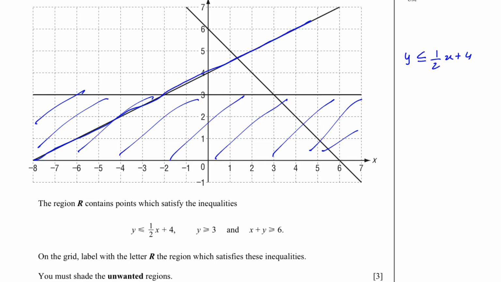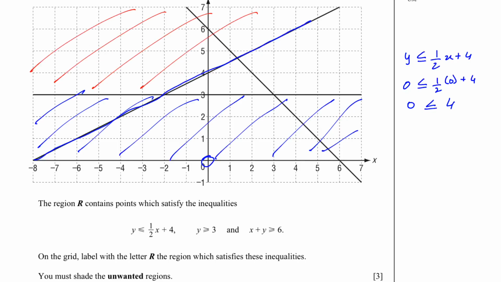I prefer to choose a point where there is 0, 0. It's easier to solve as a test point. So I'm choosing 0, 0 here. In place of y, I will put 0. And in place of x, I will put 0. And I will check my inequality. 0 is less than 4. So this part here is my wanted. My unwanted is the top part. So I will shade that part.